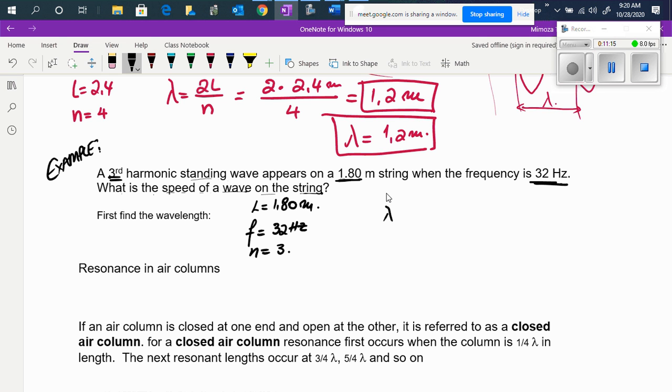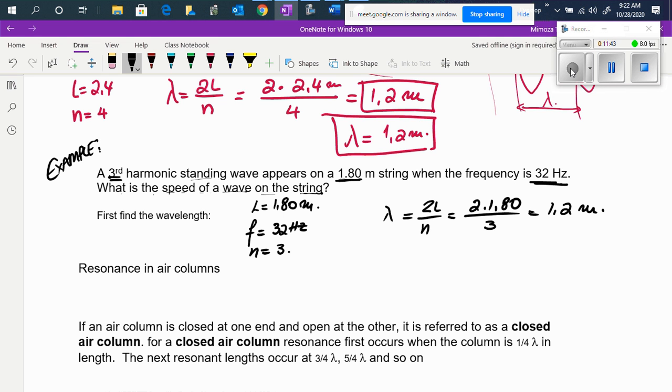Now, since we have a string with two fixed ends, the wavelength will be calculated as 2L over n, or 2 times 1.80 over 3. So this is 1.2 meters.